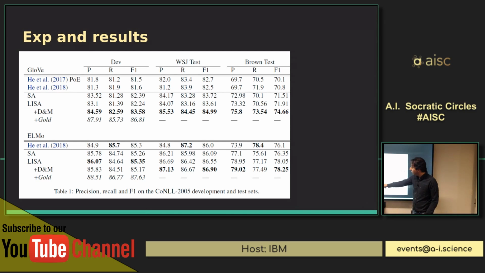As you can see, Lisa Vanilla beat the F-score for the dev with Elmo representation. But still, adding gold substantially improves the performance. They're not bolding those because they want to compare their own architecture and predicted values as opposed to gold.